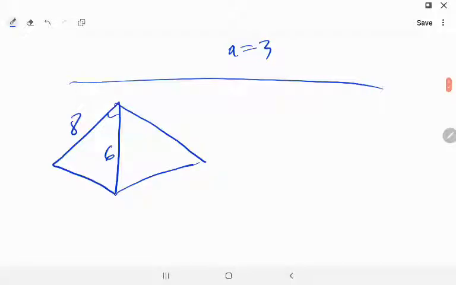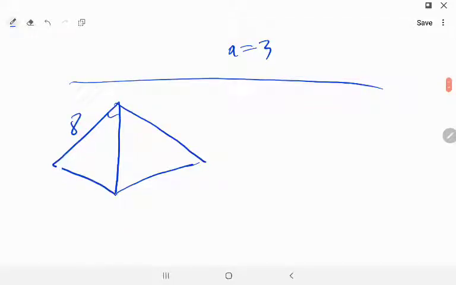Actually we don't even need the 6. What we end up noticing is that if we happen to know that two of the angles match, actually all we need is the one angle.